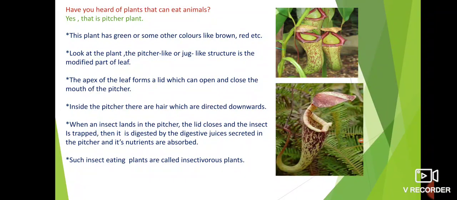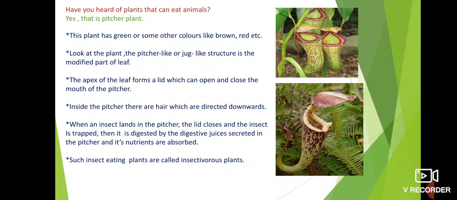Insects also contain some nutrients, and all of them are absorbed by this plant. Such insect-eating plants are called insectivorous plants.